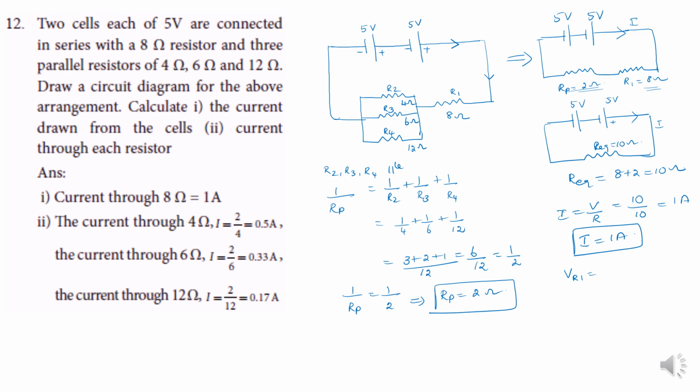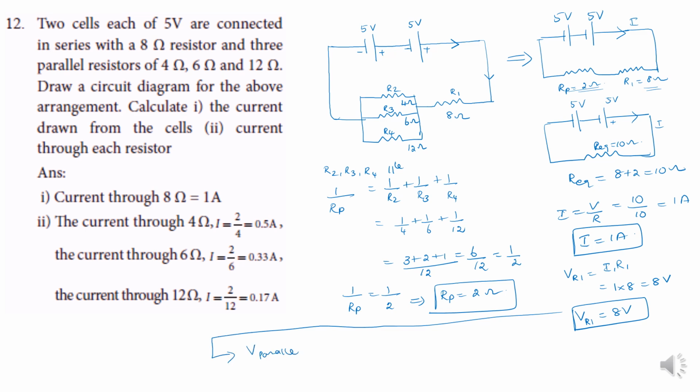Okay, so to find that, V across R1 is equal to I1 R1. I1 is 1 into R1 is 8. This is 8 volt. So V through R1 is 8 volt. V across the parallel combination is 2 volt.